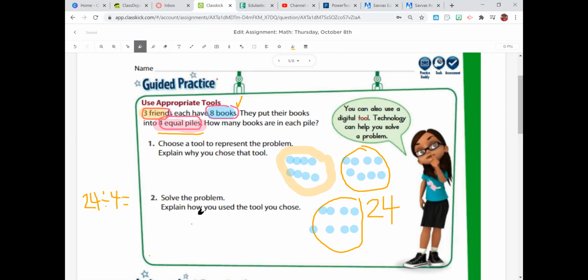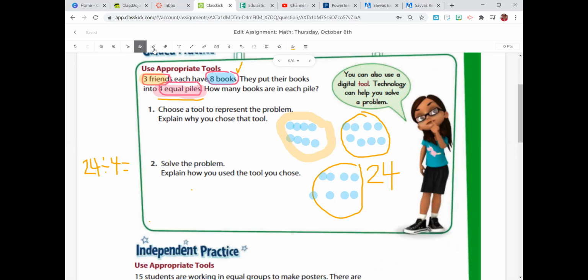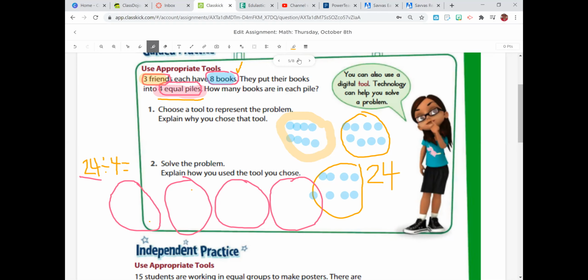For this one, it will be easiest to use sharing. So let me make my 4 groups. And I'm going to share 24. I'll use a different color for this one, green, because this is my total.